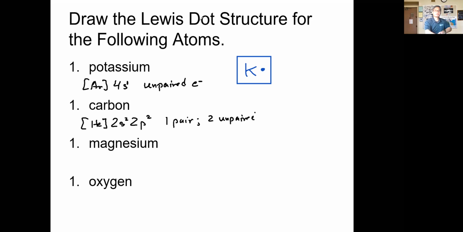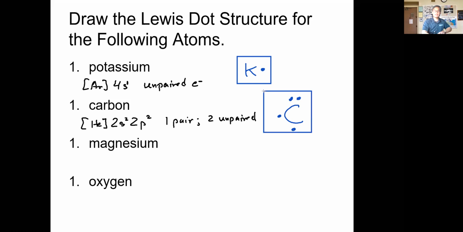Using that, let's write out the Lewis dot structure for carbon. The symbol for carbon is C. We're going to have 1 pair, so I'm going to write that in very distinctly. Those 2 are paired up, and then these 2 here are unpaired, and I'm going to write them on the side right here. So that's the Lewis dot structure for carbon.